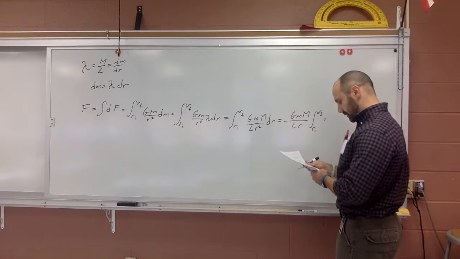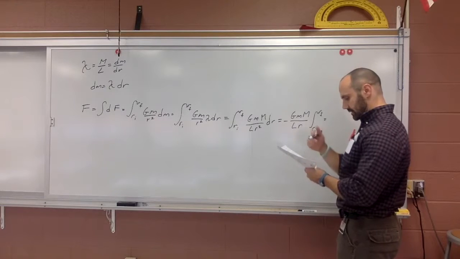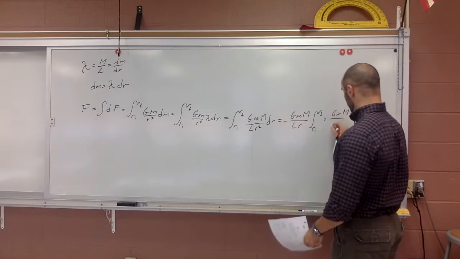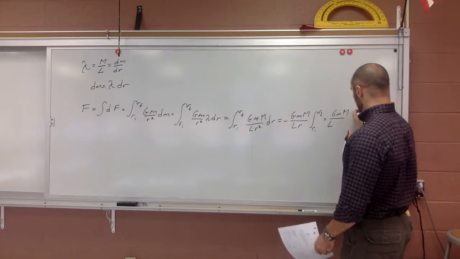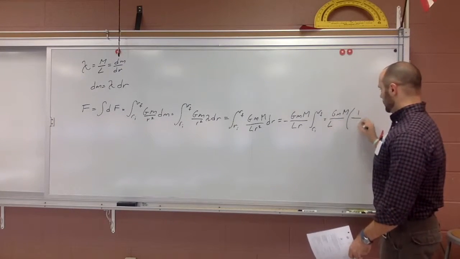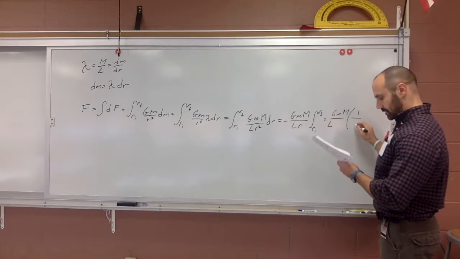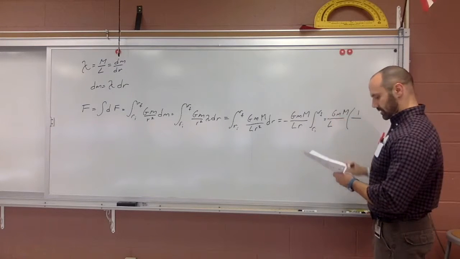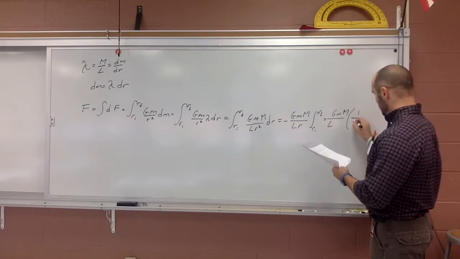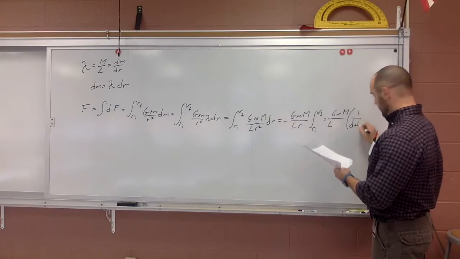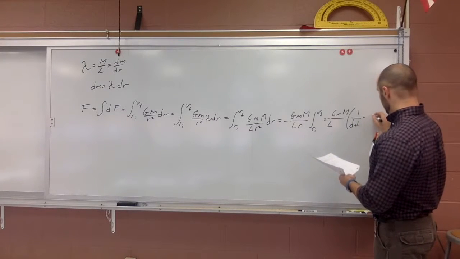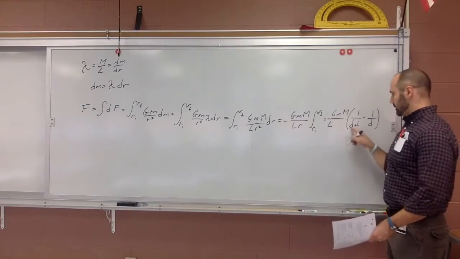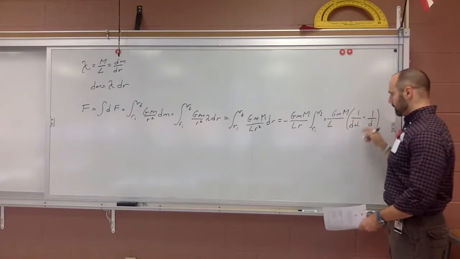And so we end up with, we have that distance d, all that stuff. So G m m over L, and then over here we've got 1 over, let's see, L, here's the negative, so keep that L front, D plus L minus 1 over D. Right, here's the initial radius, here's the final radius is D plus L all the way out there.